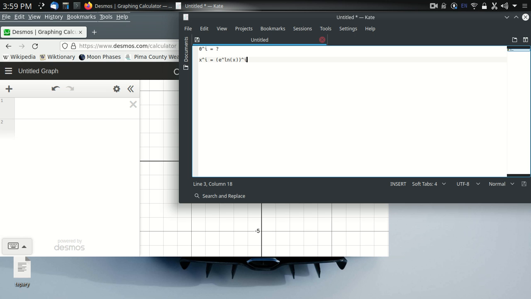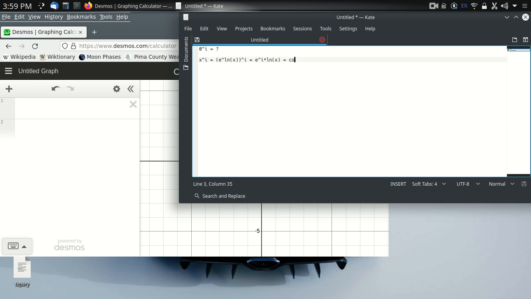And then that will be the same as e to the I times ln of x. So if we just plug in 0, we're going to get something nice, right? Well, and we can carry this further, right?